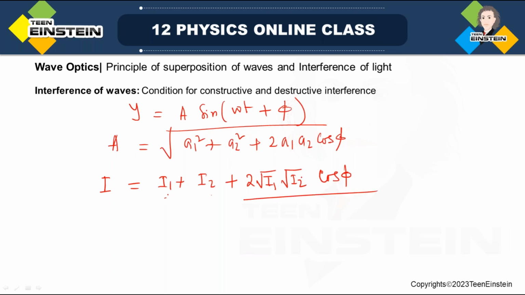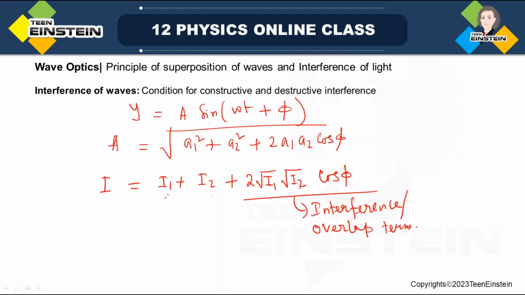This is called the interference term or overlap term, because there is a product of the intensity of both the waves, isn't it? So this is only giving you the interference.